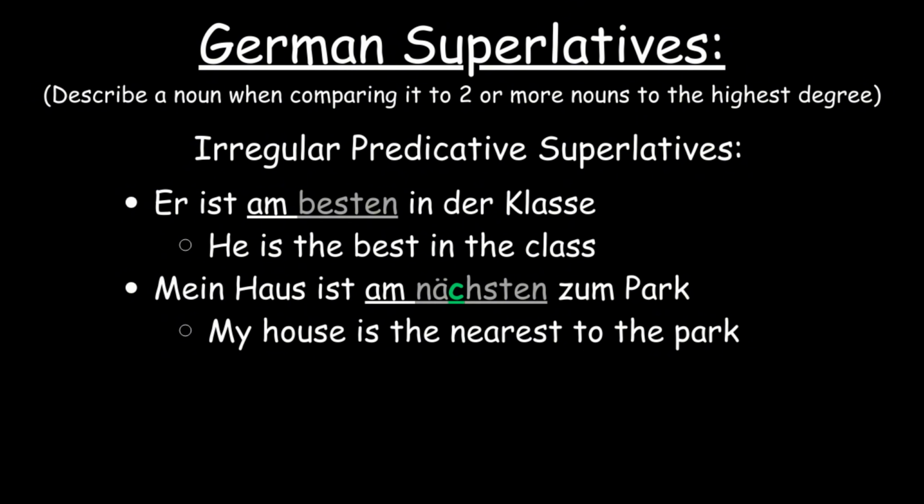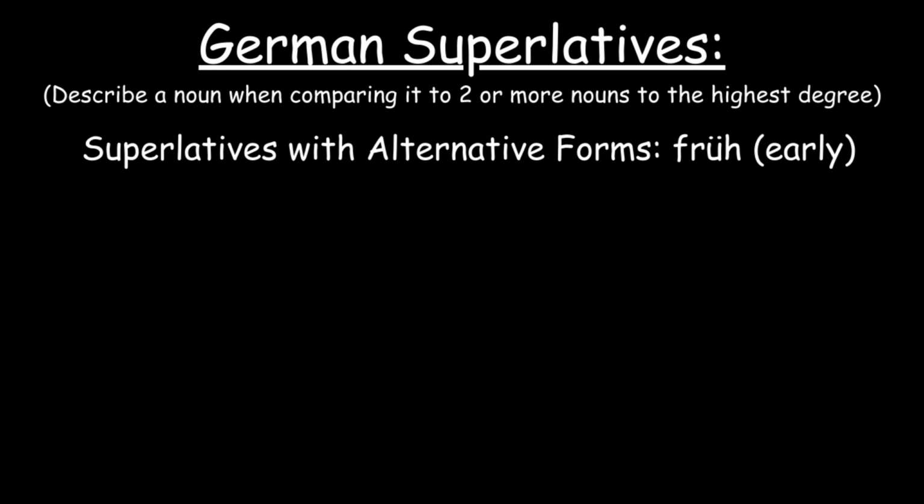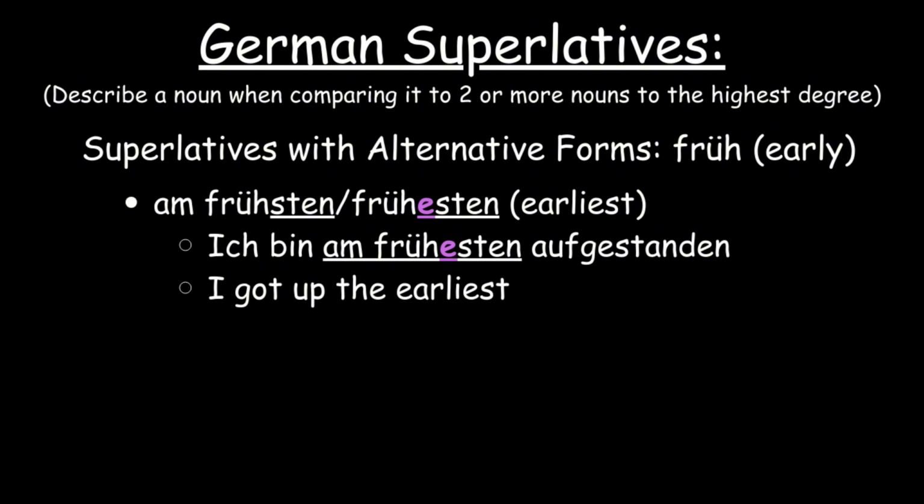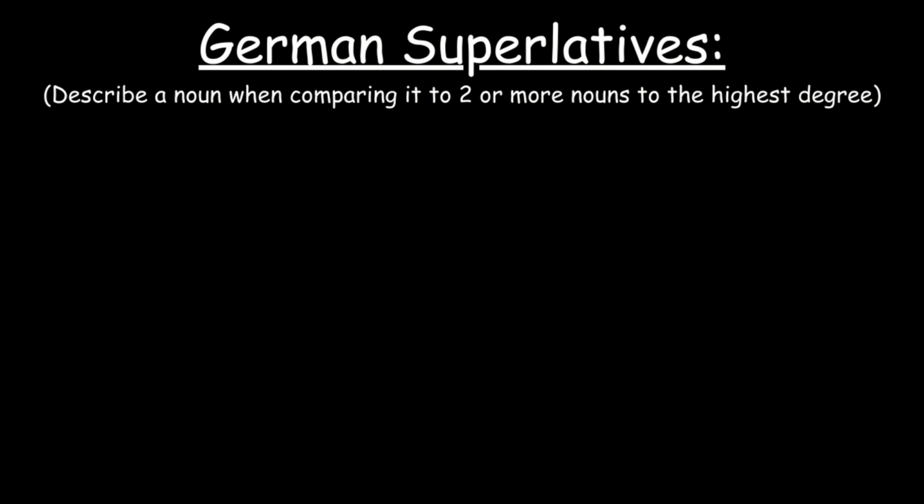Mein Haus ist am nächsten zum Park. Remarkably, German also has superlatives with alternative forms, like früh, which can be am frühsten or am frühesten. Both forms are correct, and we can have a phrase like Ich bin am frühesten aufgestanden.